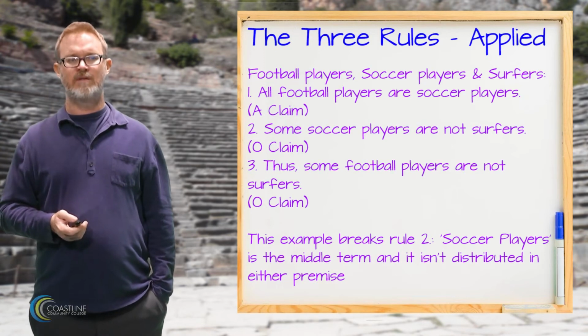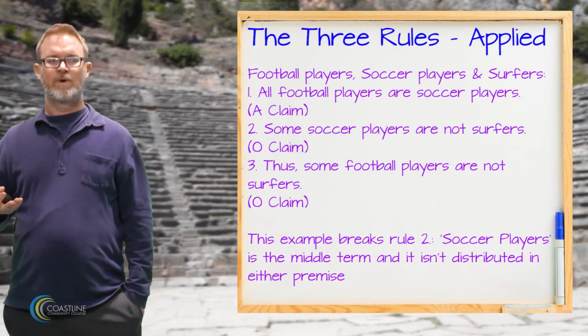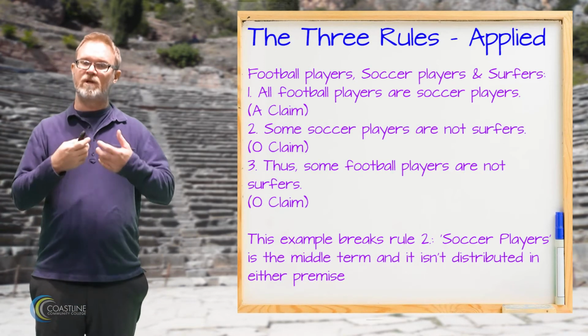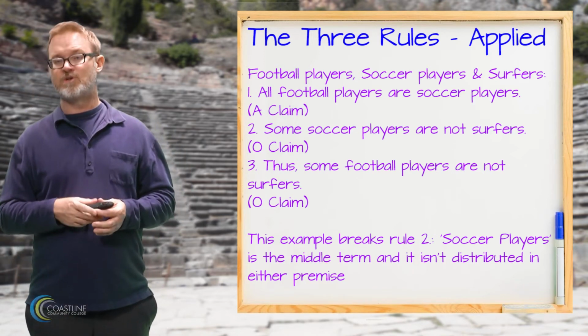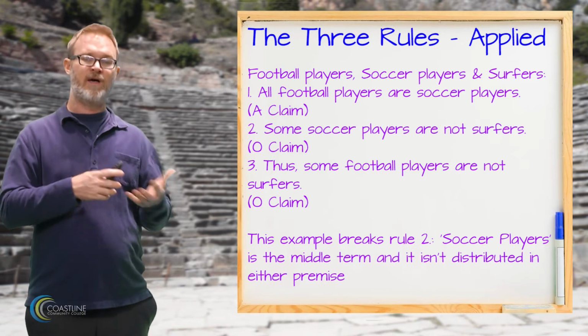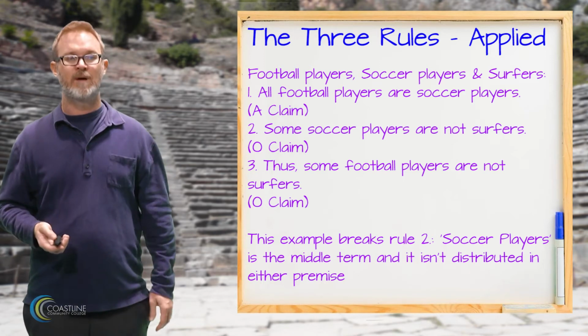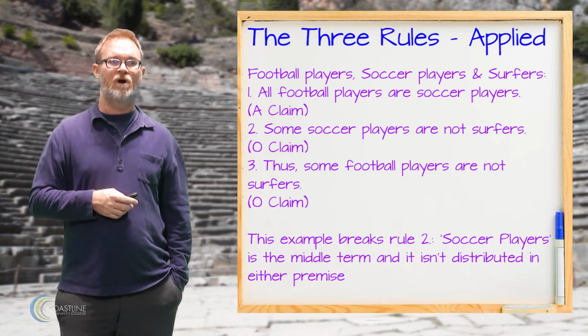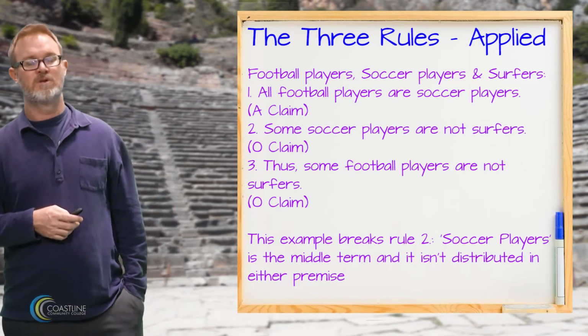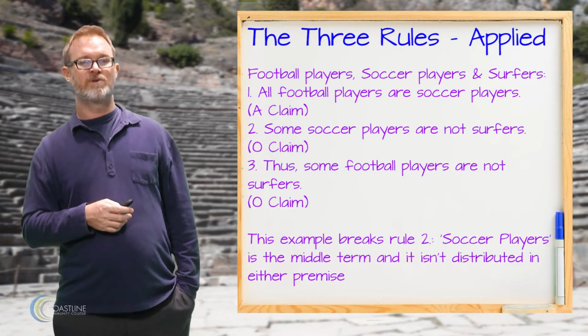Okay, so that being said, let's go ahead and try some examples. We're going to apply the rules method to a few categorical syllogisms to determine if those categorical syllogisms are valid or not. We've got a few examples to work with now. So the first example says this. 1, all football players are soccer players. 2, some soccer players are not surfers.